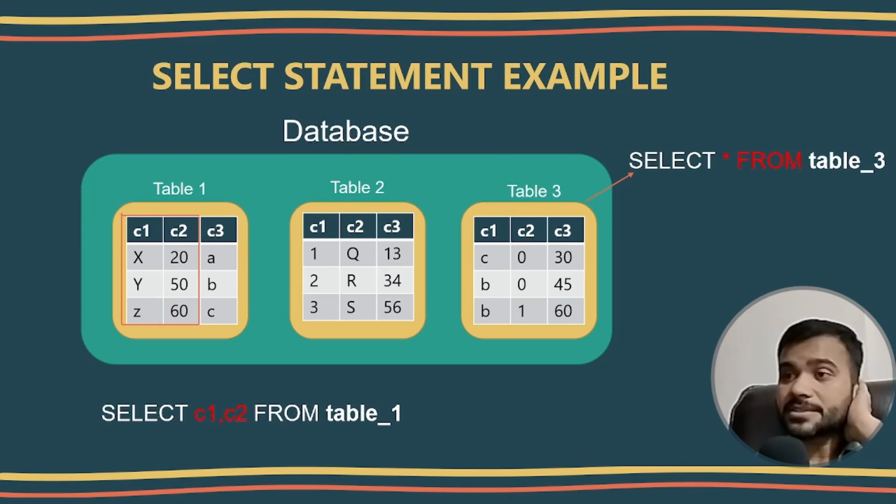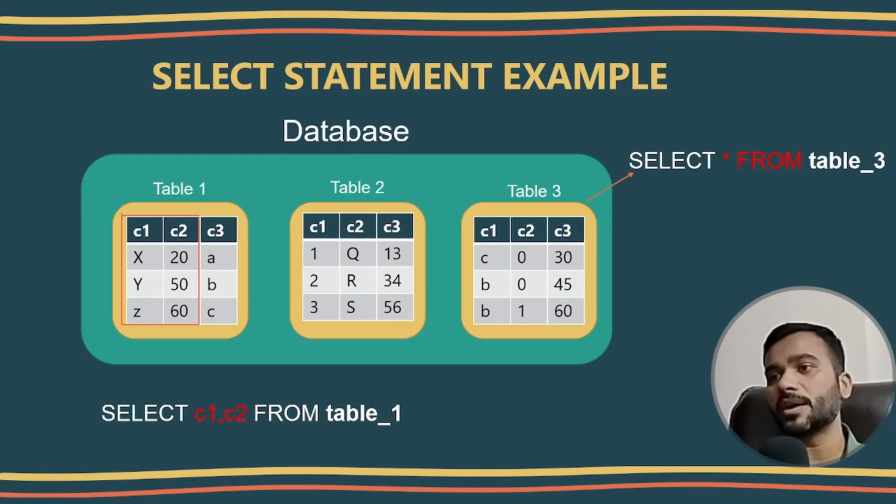In this phase, you can see table 1, table 2 and table 3 here. From table 1, let's say I want only 2 columns, not C3. I don't want the C3 column. I just want C1 and C2. How do we write a query for that? SELECT C1, C2 FROM table 1. Now you may ask, hey Ashwini, why are you writing SELECT and FROM in caps?